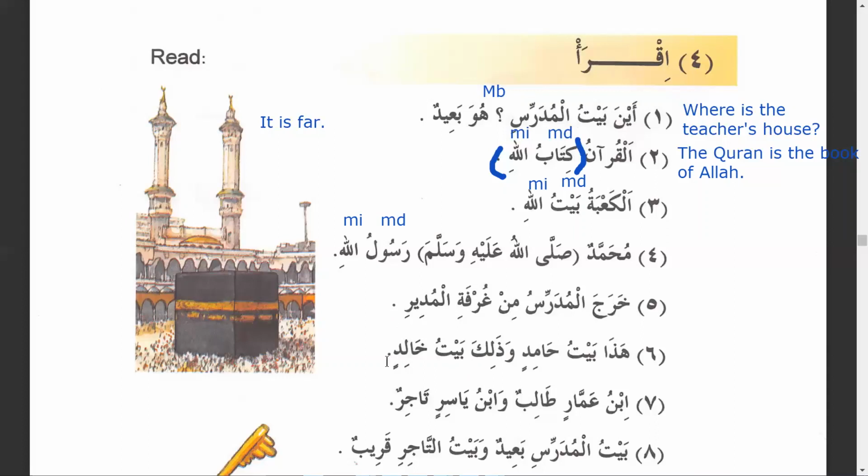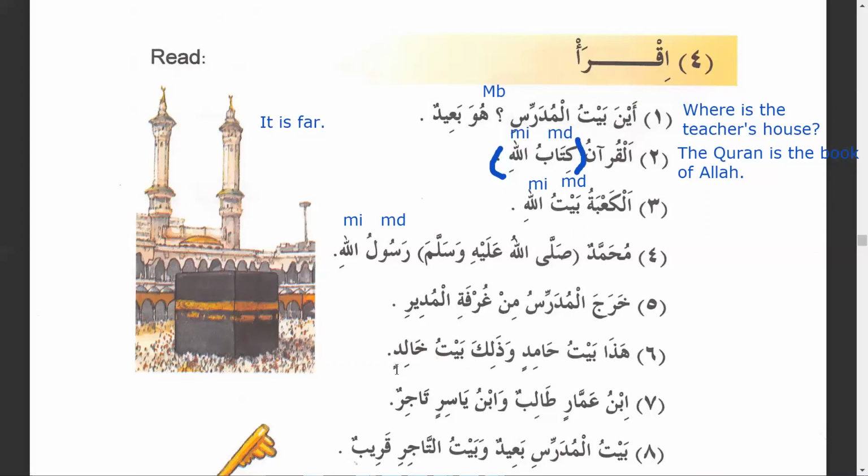Haza is this. Dhalika is that. And that is Khalid's house. Excellent. So this is Hamid's house and that is Khalid's house.